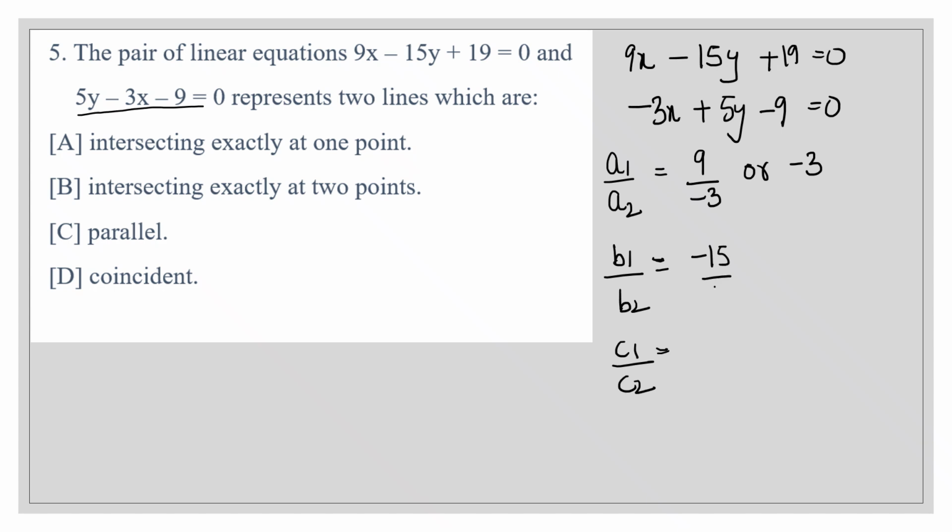Negative 15 upon 5, this is again negative 3. And this is 19 upon negative 9, it will remain as it is. If you see, A1 upon A2 is equal to B1 upon B2, but not equal to C1 upon C2. So this is a case of inconsistent lines and no solution, which is parallel lines.